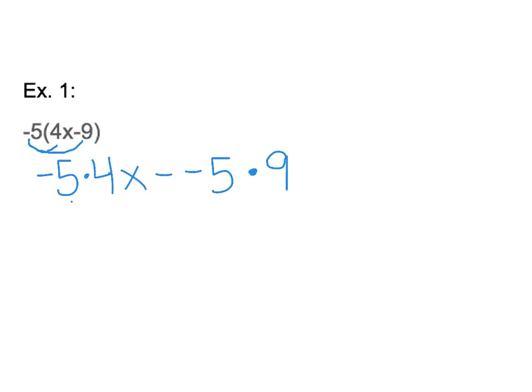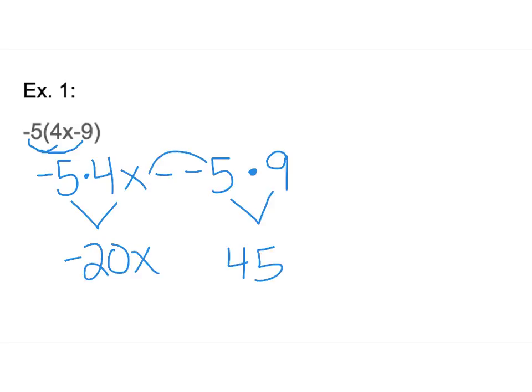And then we simplify those two parts. So we get negative 20x, and the 5 times the 9 gives us 45, and subtracting a negative is the same as addition. So negative 20x plus 45.